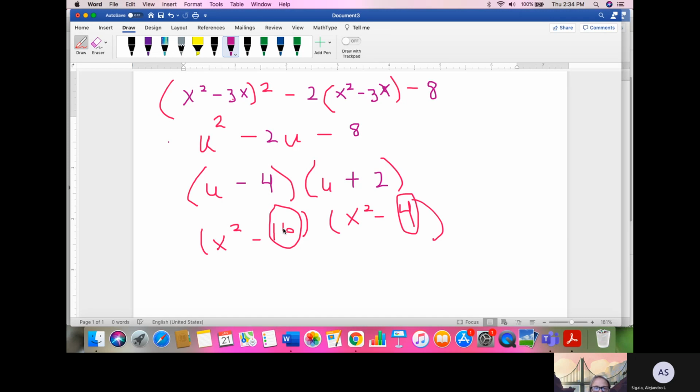I mean, you substitute the u for the x value, correct? I'm just trying to figure out the best way that I should take care of this here. I guess I'll just do this. Okay. So now we're going to have x squared minus 3x, that x squared comes from here, minus 3x minus 4.